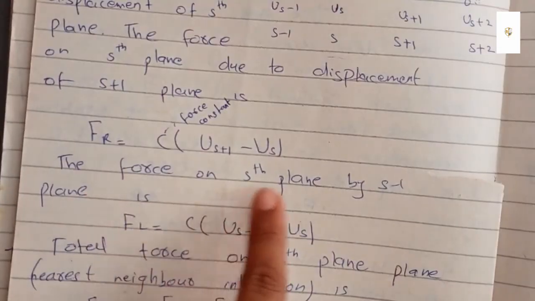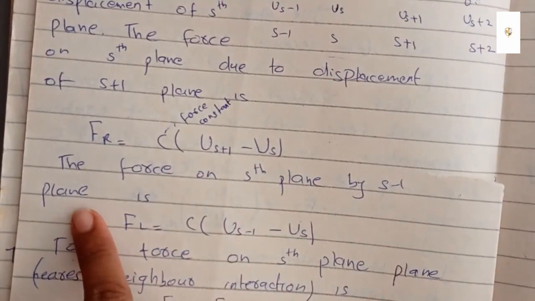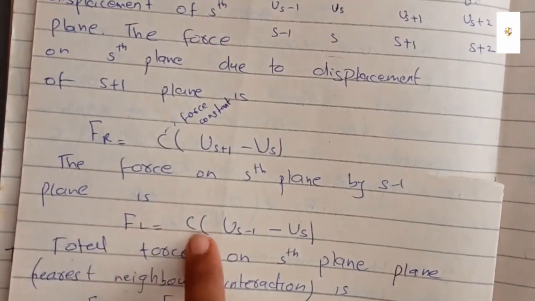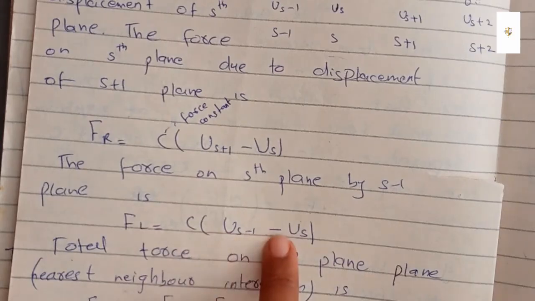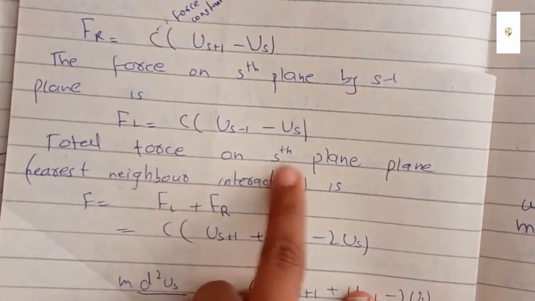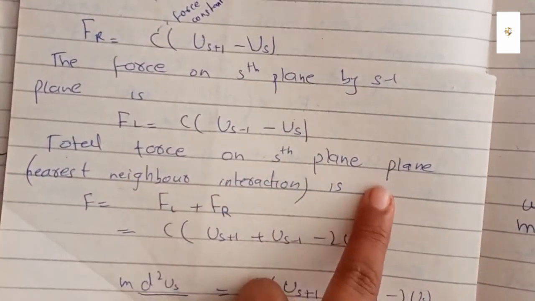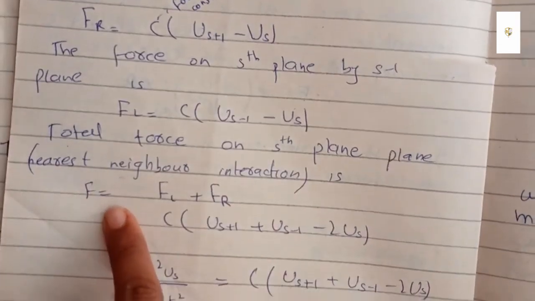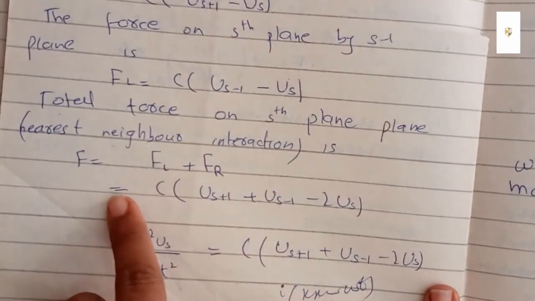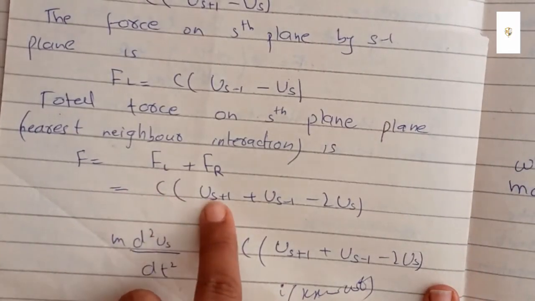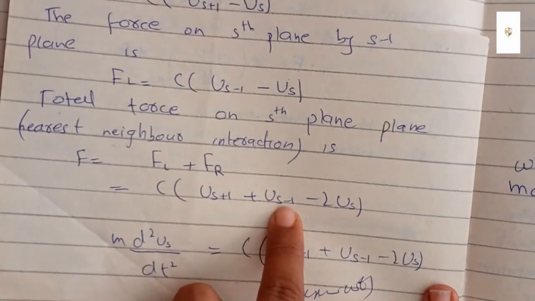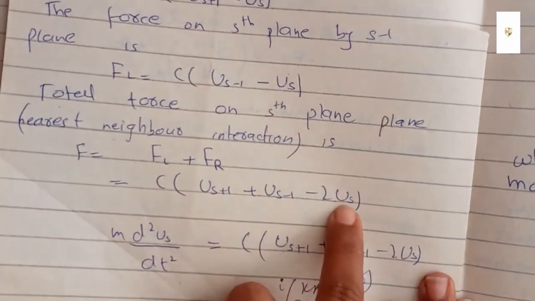The force on the s plane by the s minus 1 plane is given by F_L is equal to C(u_{s-1} minus u_s). The total force on the s plane is given by F is equal to F_L plus F_R, which is equal to C(u_{s+1} plus u_{s-1} minus 2u_s).